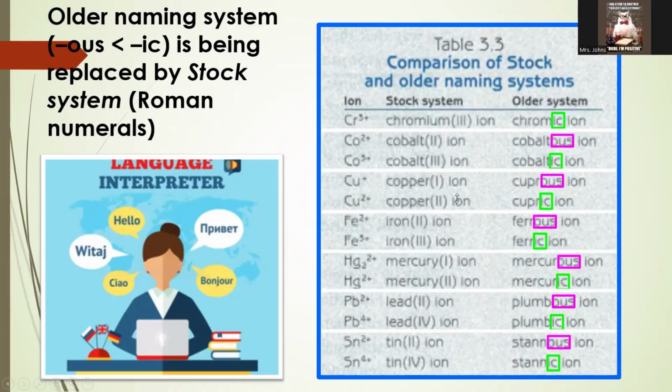So with the stock system, there's no having to memorize things, it's just right there. But I would keep this table 3.3 handy to refer back and forth if you need to look up anything that ends in OUS or IC. So they're all positive ions, and whichever one is the smaller of the two has the OUS ending, and the bigger one has the IC ending.